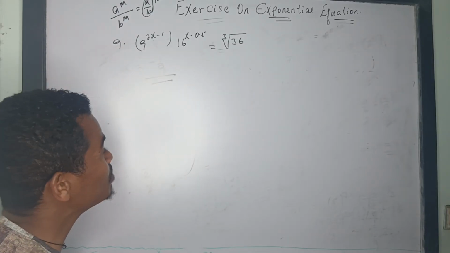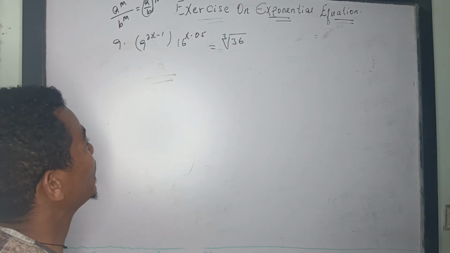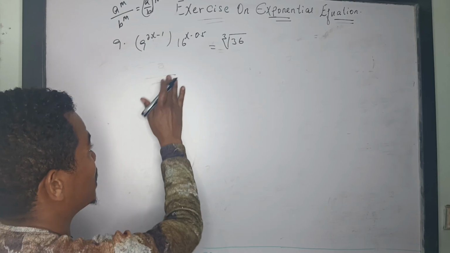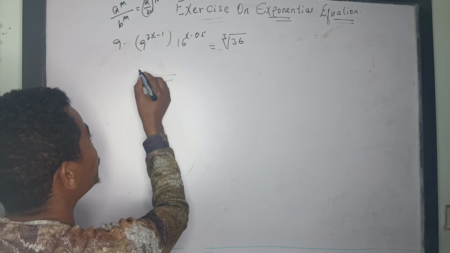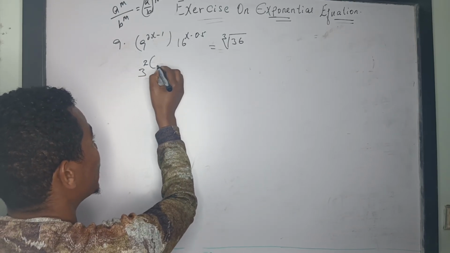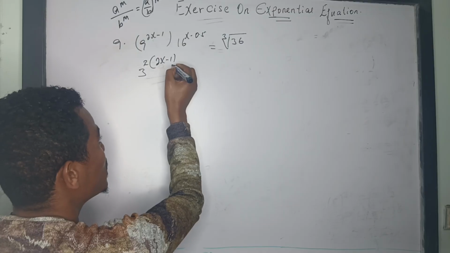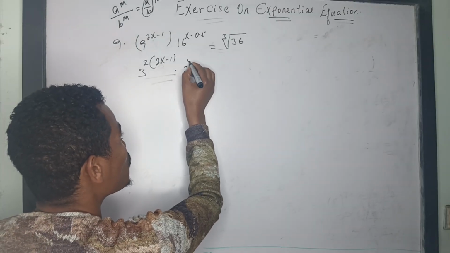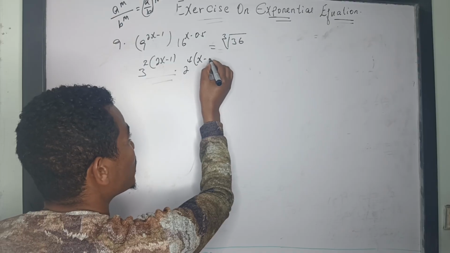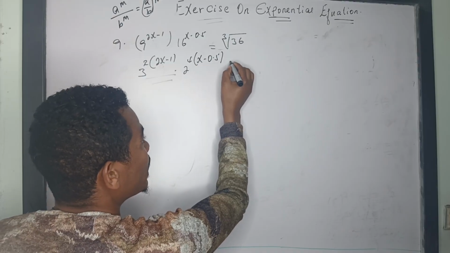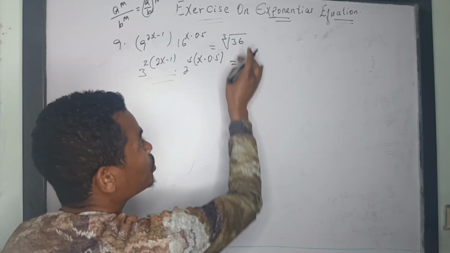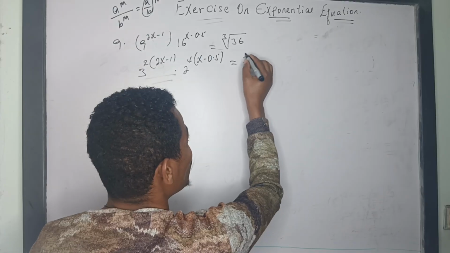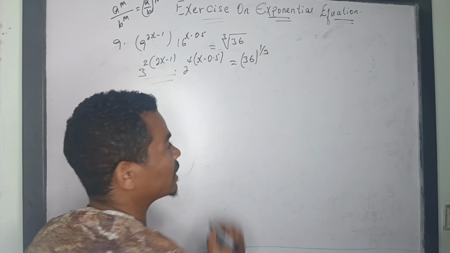Here we need to either match the bases or match the exponents. So 9 is the same as 3^2, to the power of 2x-1, times 16, which is the same as 2^4, to the power of x-0.5, is equal to the cube root of 36, which is 36^(1/3).